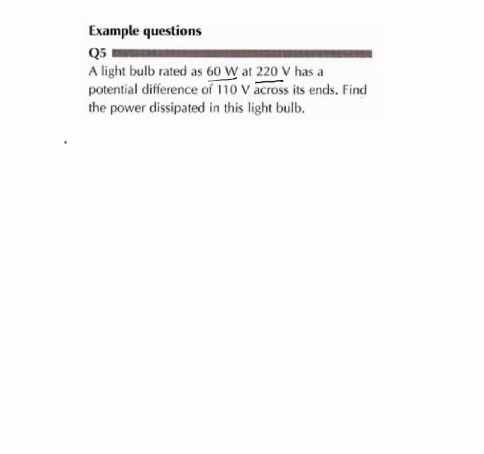So we can say when the voltage is 220, the power produced is 60 watts. It's talking about another situation now where the voltage is 110 volts instead of the 220, and we need to find the power dissipated by that.